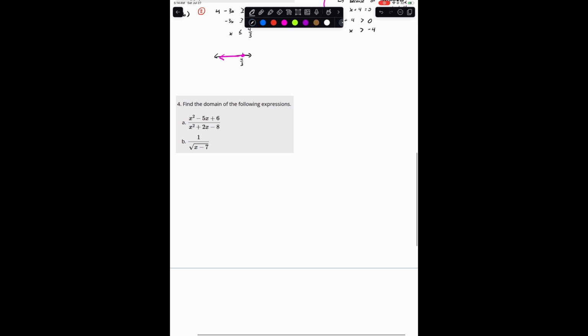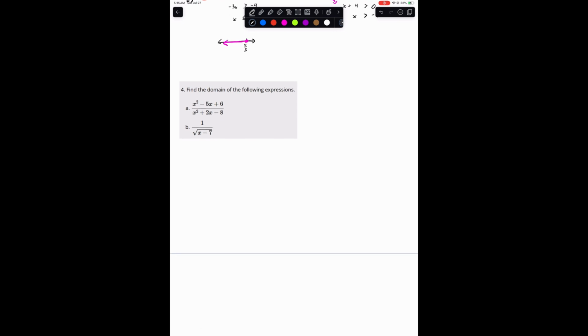Okay. Question 4, more domain. For part A, you don't have to factor the numerator, because we're not solving, right? If you ever set this equal to 0, it's like, oh, well, we'll solve.